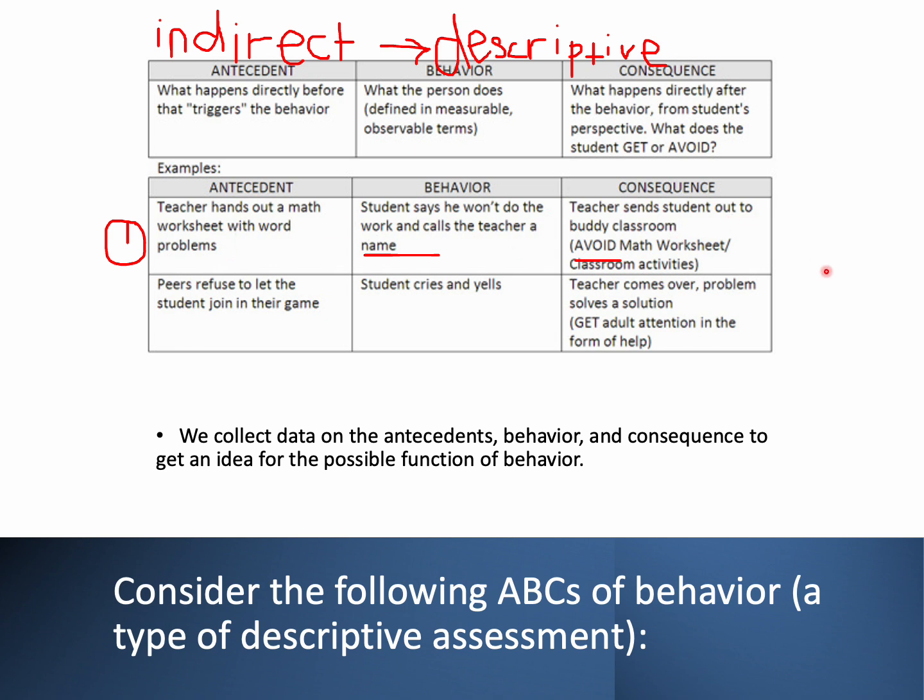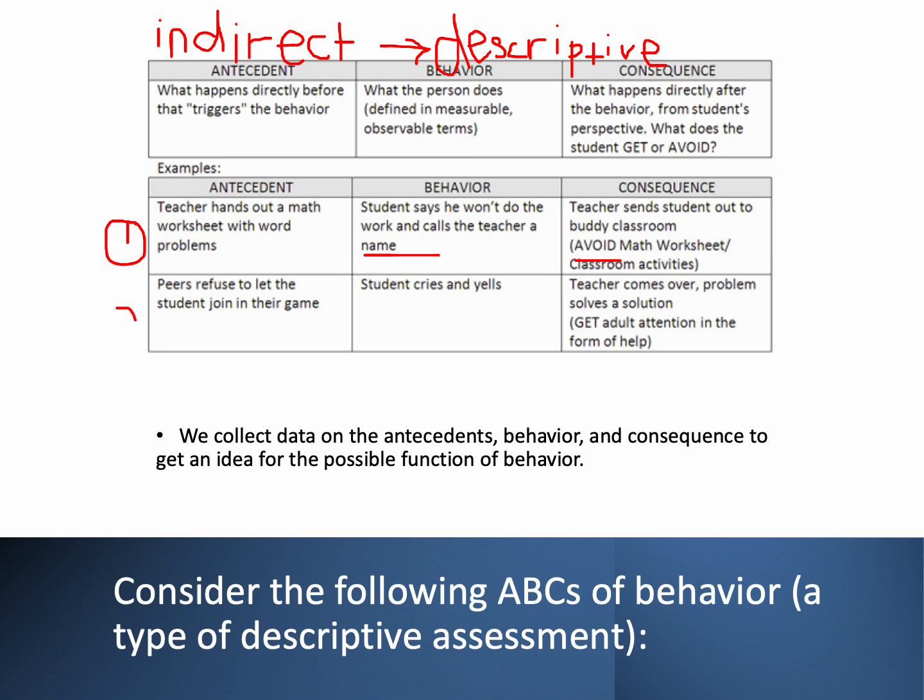So we can say that the behavior is maintained by avoidance, or we can hypothesize that the behavior is maintained by avoidance. This is just one example. We would have to collect data consistently on the behavior, and we would probably also have to conduct a functional analysis to really confidently say that's the function of the behavior.